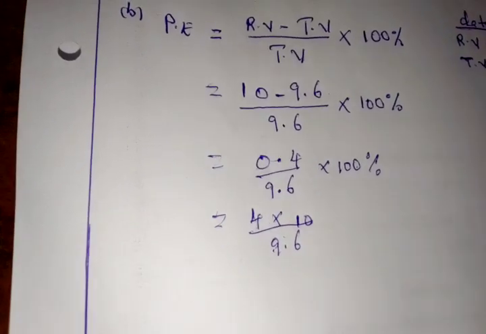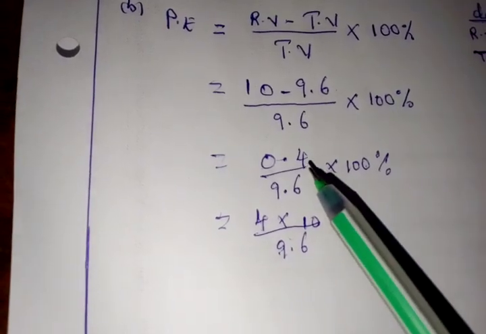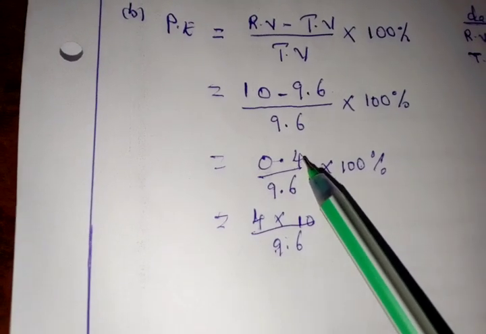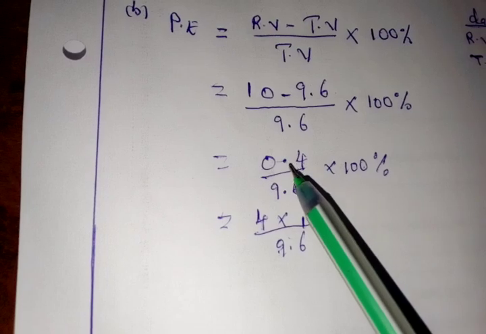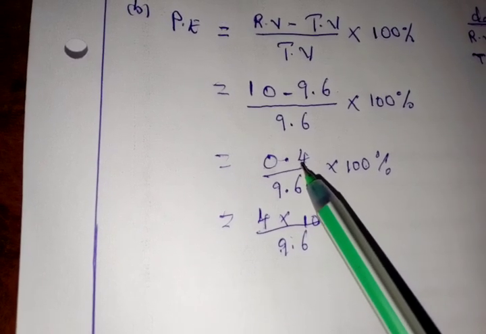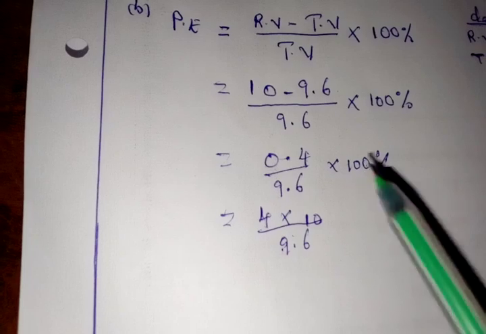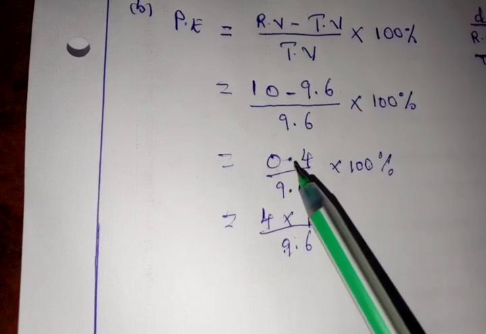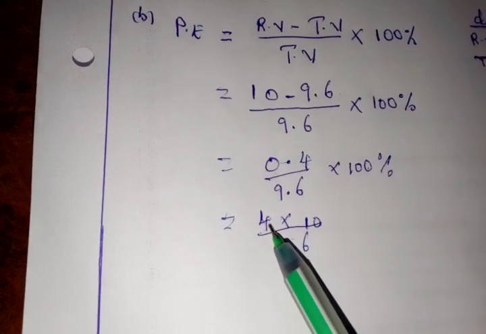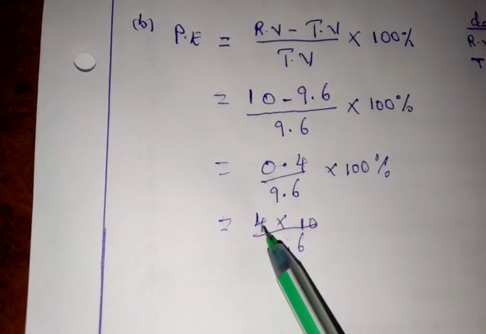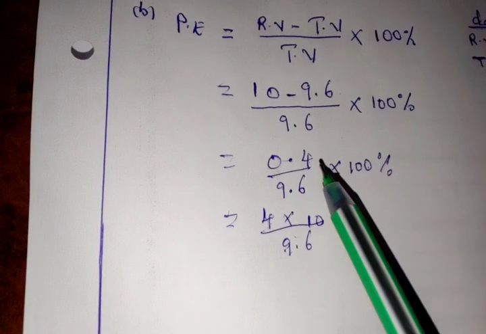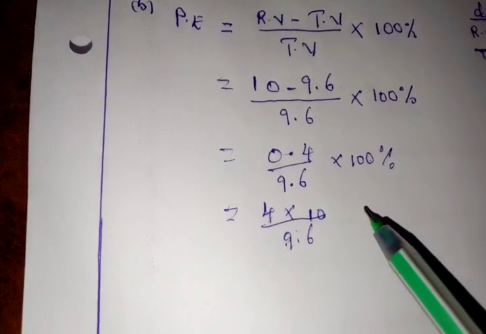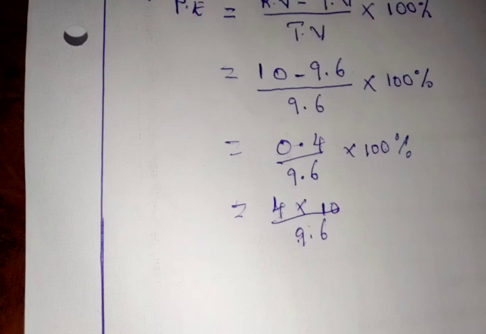Like I said, since there's one decimal place, it knocks down one 0 there, so the decimal will disappear. That's what happens when you multiply a decimal number and a number that has got zeros at the end.